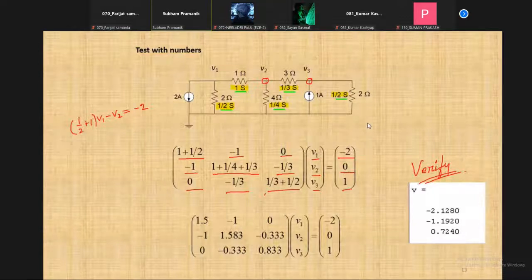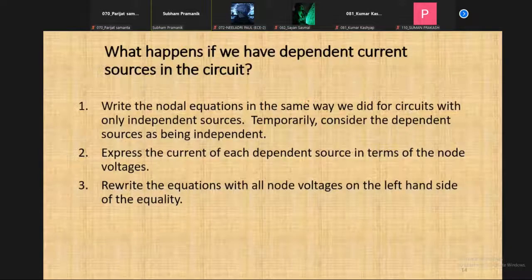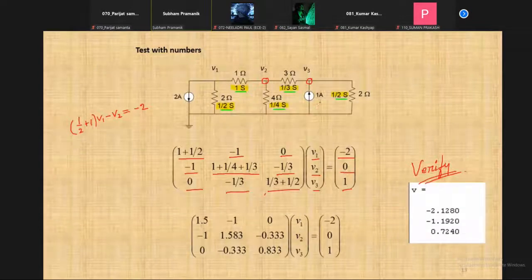Okay, fine. So what happens if we have dependent current sources in the circuit? Not a big issue actually. You can see this current source and this current source, all of them are independent current sources. They have their own current. But what is a dependent source? It is basically a model using which a certain part of the circuit is represented as a dependent voltage source or current source.